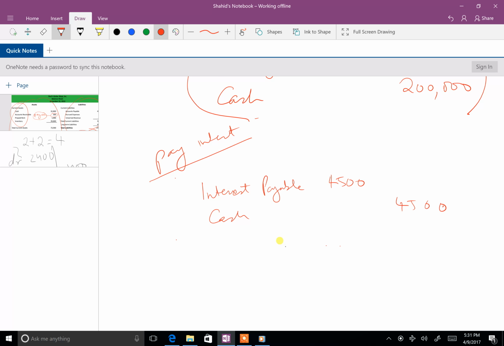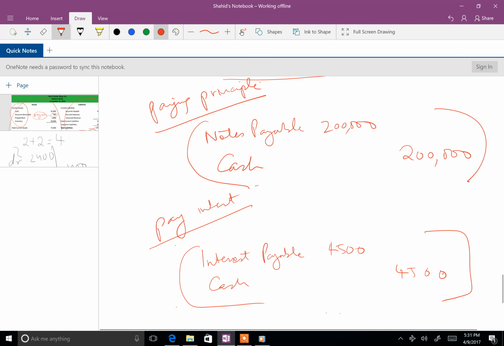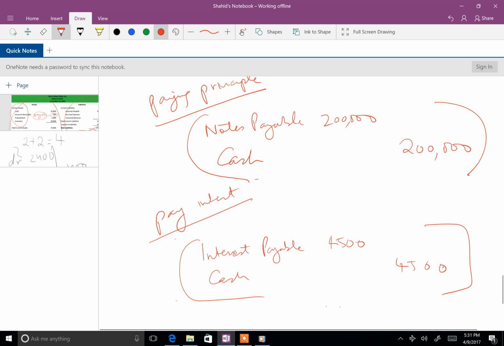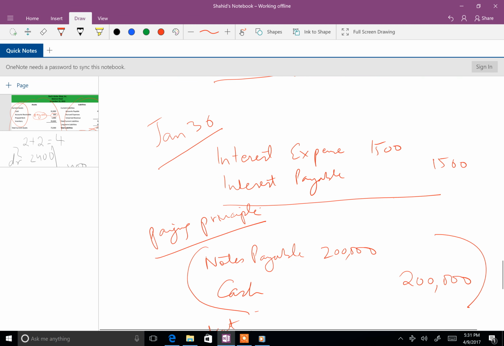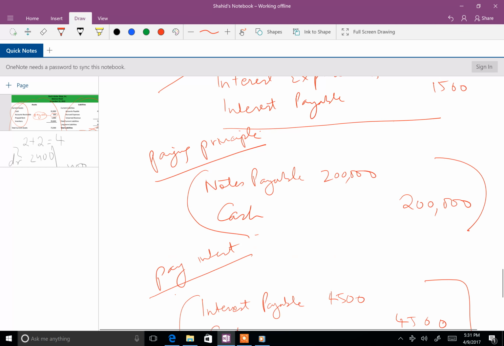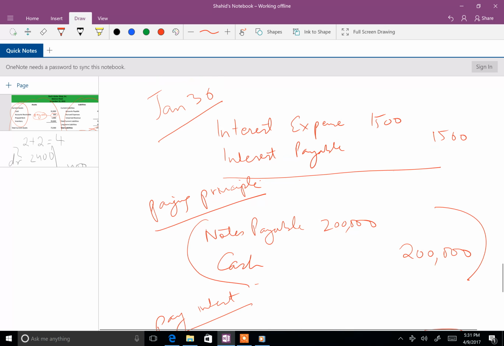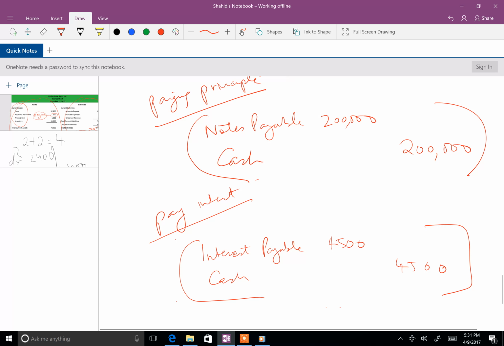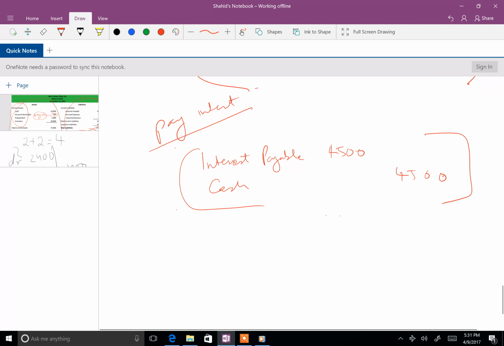I did this entry the long way just to show you that it doesn't matter if you break it down. The point is you're paying off these payables, and you were creating expenses as time was passing on, right? And then on the due date you're paying off all these loans.